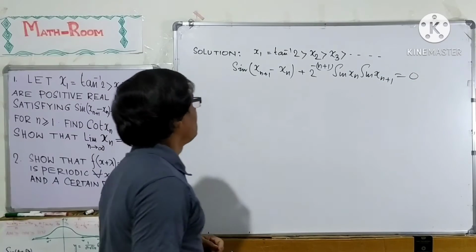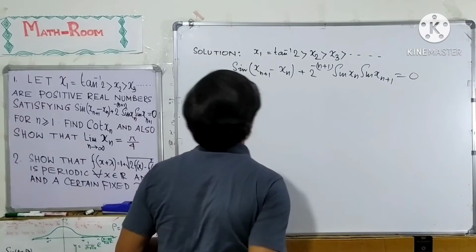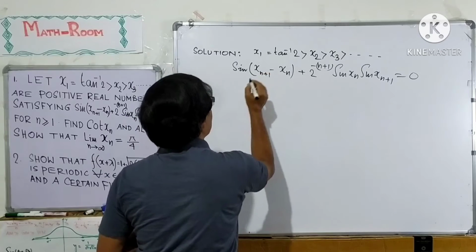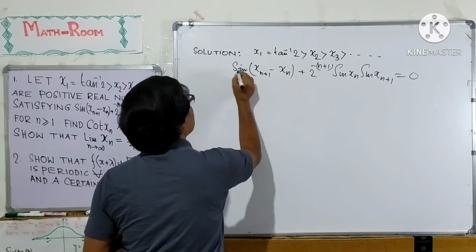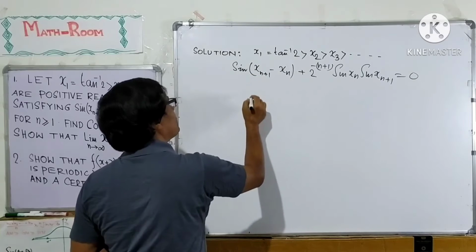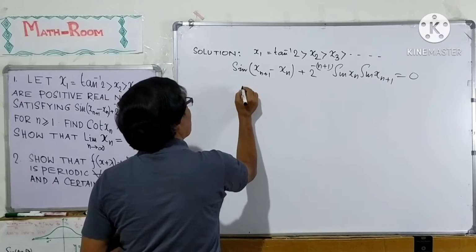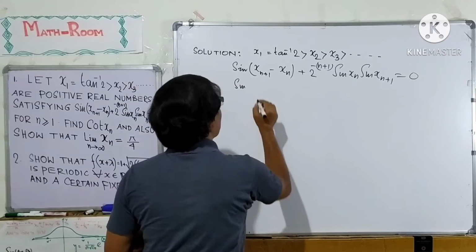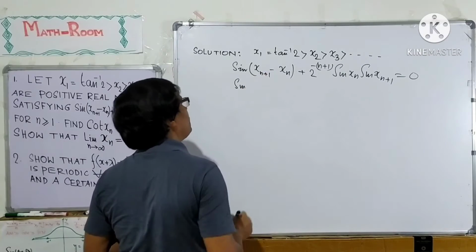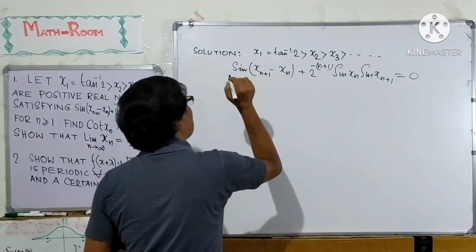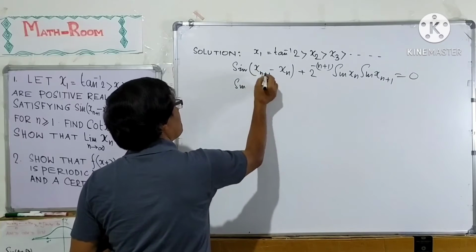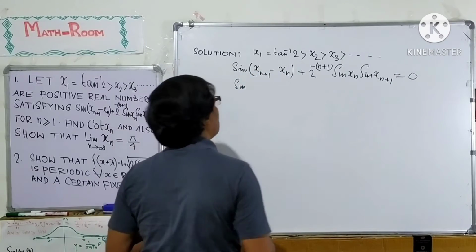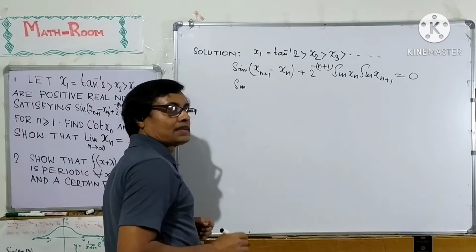This is the condition. Expanding the sine expression using the sine formula, we get sin x_n. We have already known the sine formula in trigonometry. This is the composite angle x_{n+1} minus x_n.